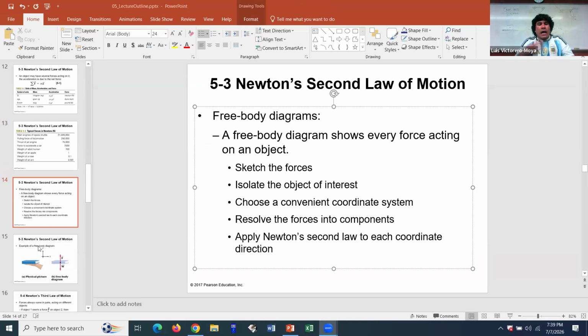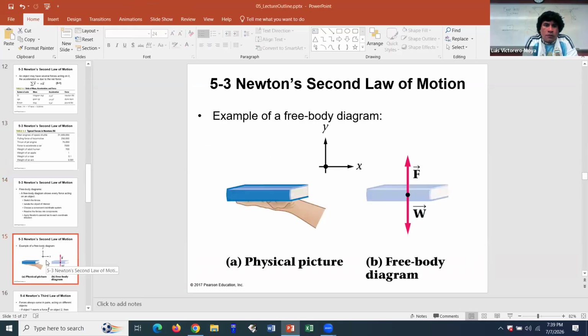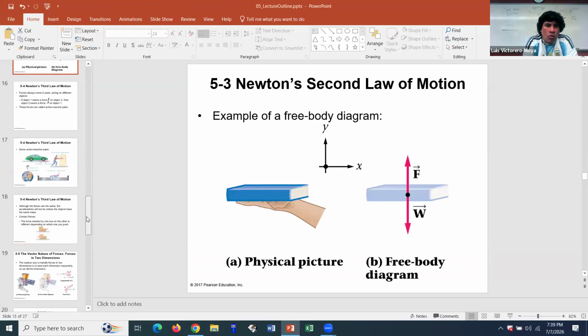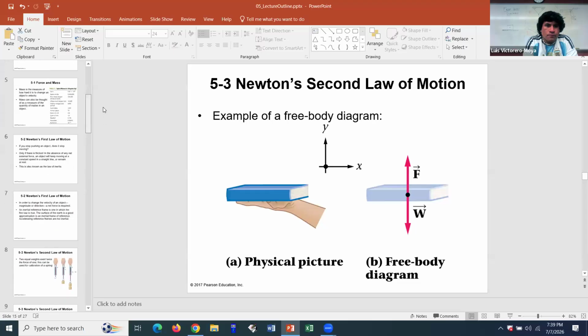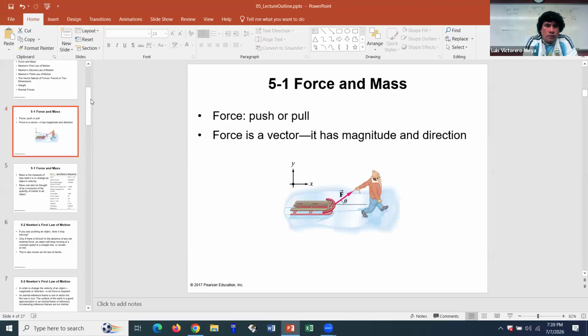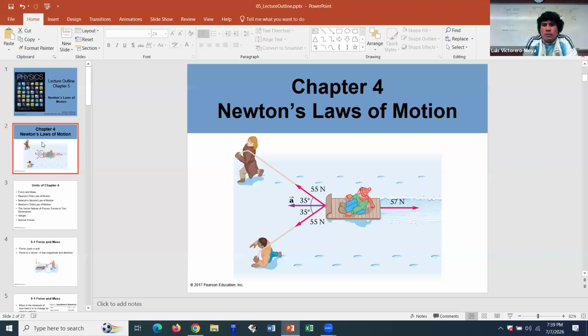Okay, so now we can go into free body diagrams. Let's see which slide I'm on. So free body diagrams are basically this, or what you saw before, here, or here.